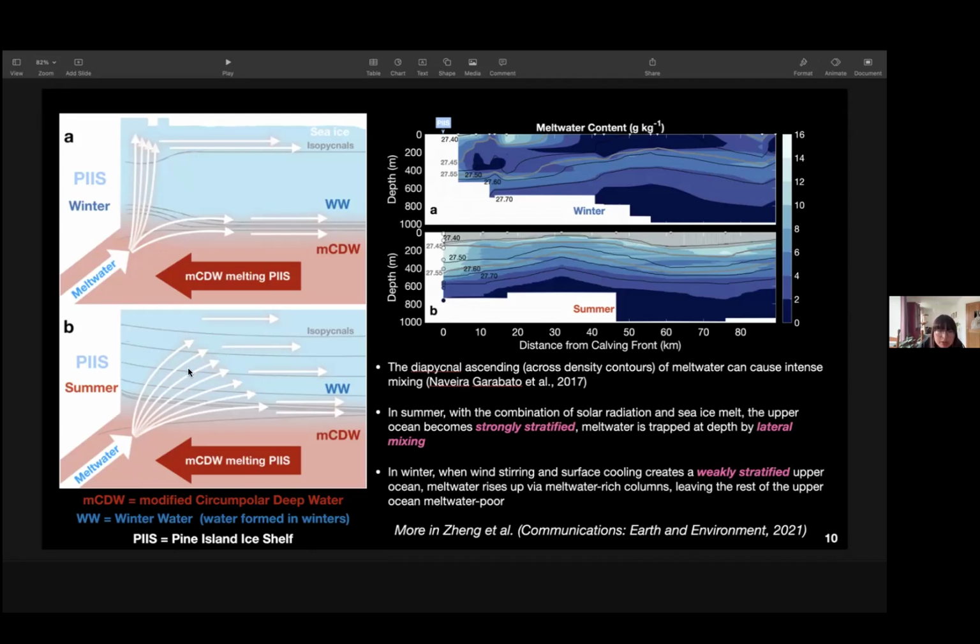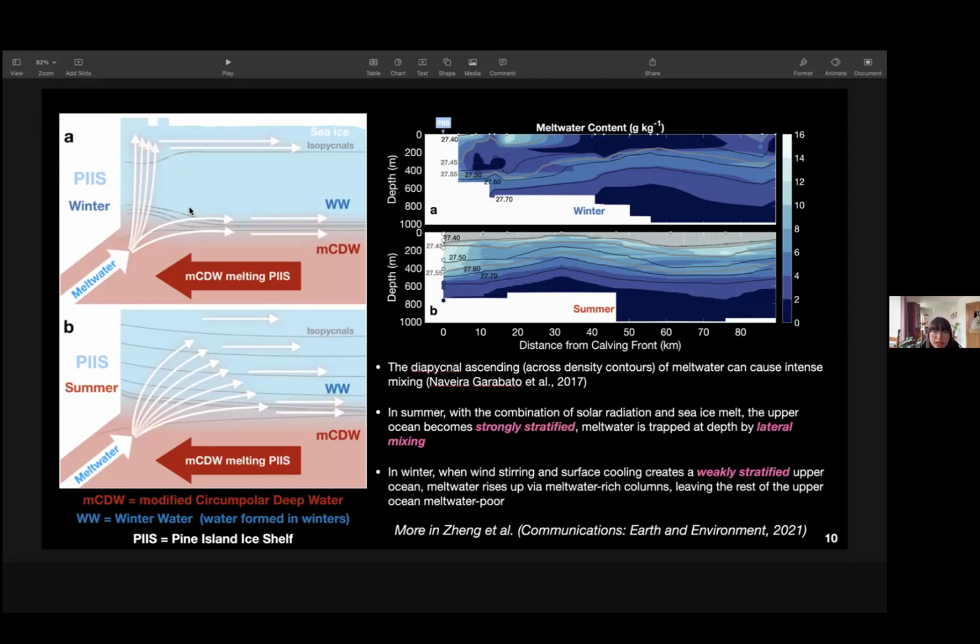The upper ocean is very stratified. That is why we have those isopycnals here, and we can observe them in our ship transect as well, with those lines aligning here. But then in wintertime, the thing has completely changed.